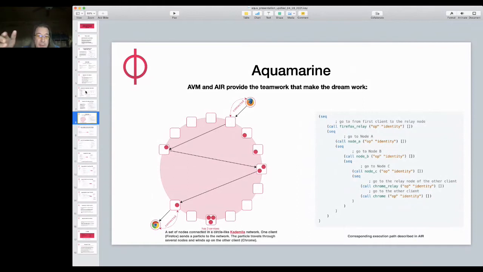And in those nodes, or peers, you have services, which are the little round dots. 1, 2, 3, you could have 1,000 depending on the capability of the node and the capacity of the service. And what's happening here, you can think of it as a chat application. Firefox is a peer client, and Chrome is a peer client. And Firefox now wants to send a message to the Chrome client.